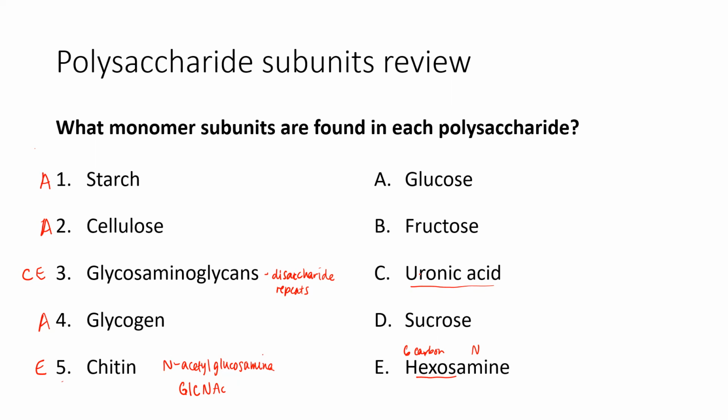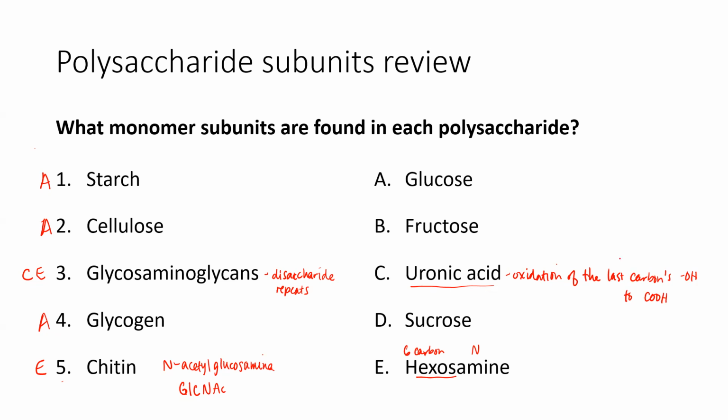For a uronic acid, we have oxidation of the last carbon's hydroxyl group to a carboxylic acid.